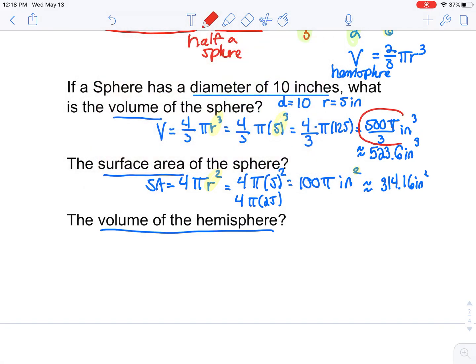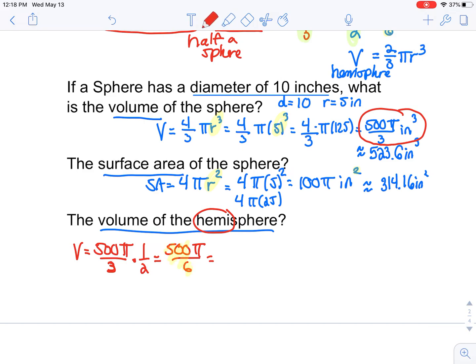And then our final example was finding the volume of the hemisphere. Now, you could actually do this two ways. Some people might prefer to go back up to the volume of the whole sphere. So the volume of the sphere itself was 500 pi divided by 3. And since we're dealing with a hemisphere, we're going to take half of that, multiply by 1/2, and then we can do some simplifying. 500 pi over 6.